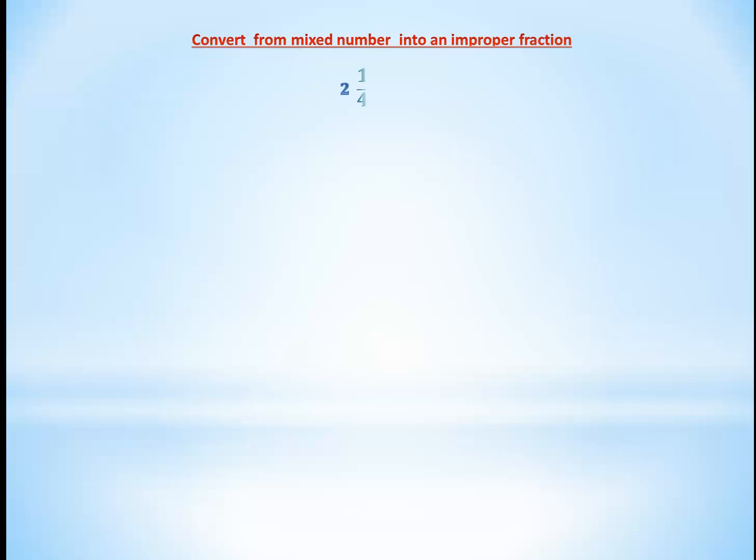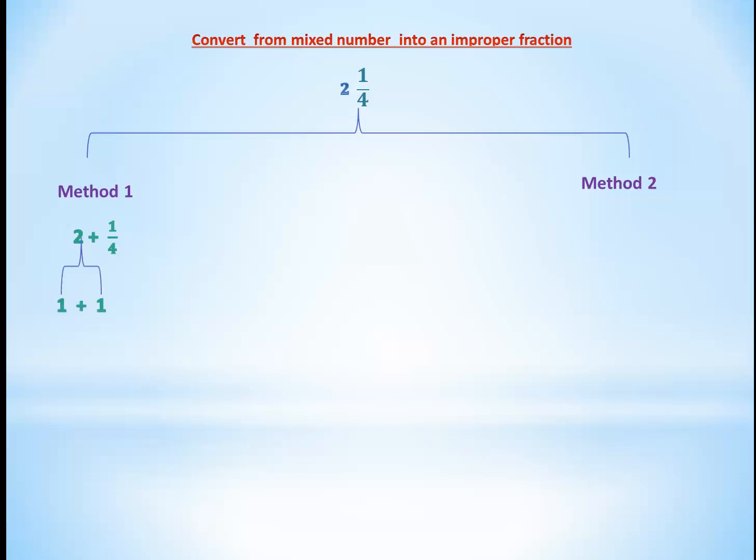Convert from mixed number into an improper fraction. How can we convert from mixed number into an improper fraction? Okay, we have two methods, method 1 and method 2. Method 1, 2 and 1 fourth. Let's decompose 2 into 1 plus 1. This method depends on any whole number being represented like 1 plus 1 plus 1 plus 1 and so on.